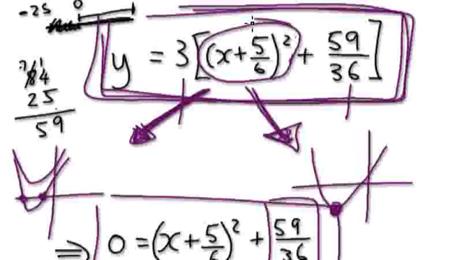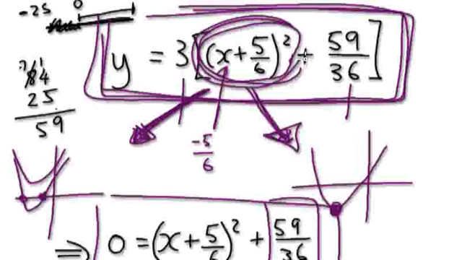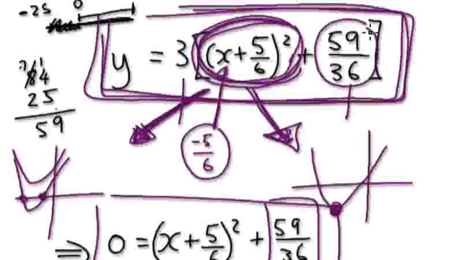If you put minus 5/6 into here and make this thing 0, then the whole term will be at its lowest point. Basically, concentrate on making this 0. If you put x into here, this will be the smallest term in the square brackets, but then you've got to times it by 3.